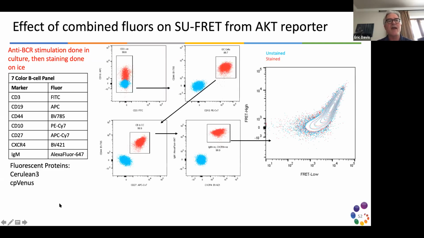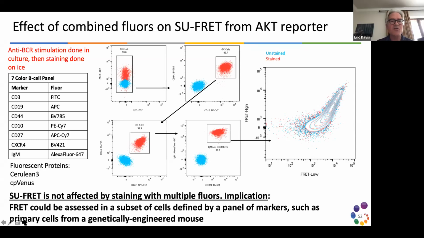All the cells had been stimulated, but only half had been labeled with the various antibodies. We plotted those that were stained with the antibody versus those that were unstained, and they have absolutely the same unmixed values in this FRET assay. So the assay, spectral unmixed FRET, can tolerate the presence of multiple other fluors.